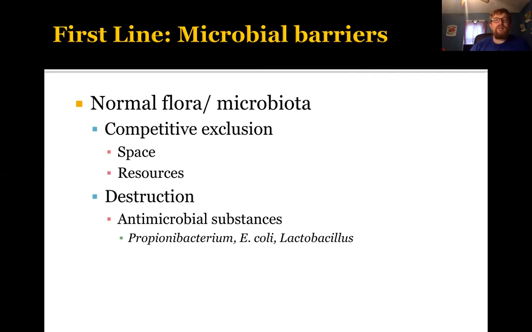Let's say you live on a street and you don't want anybody to live next to you or across from you. One of the things you can do, assuming maybe you have a lot of money, is buy the lot beside you and the lot across the street from you. That means you prevent other people from moving in or building. The same idea here: space. Just by being there, they are occupying a space that a bad pathogen may want to take.